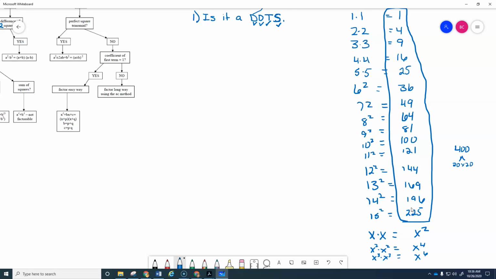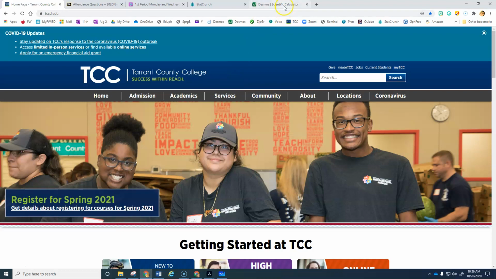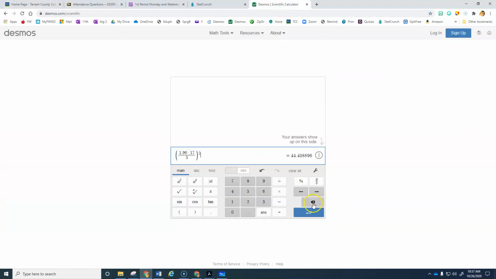And if you don't know how to determine it, then you should be able to go to a Desmos calculator. Let me clear that off. Use the square root button right here and say 400. If it gives you a number without a decimal, then it's a perfect square.